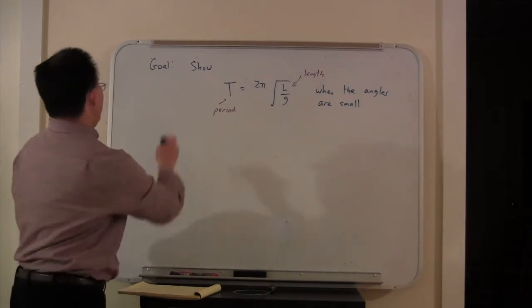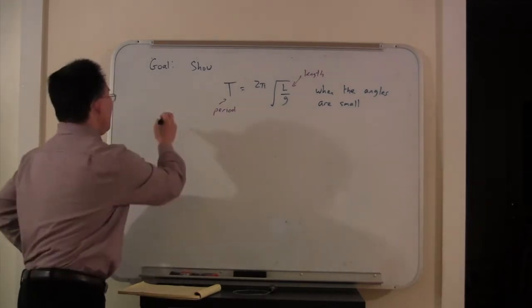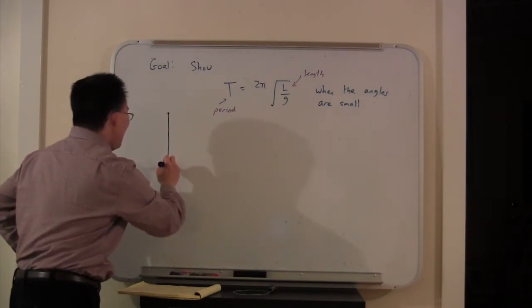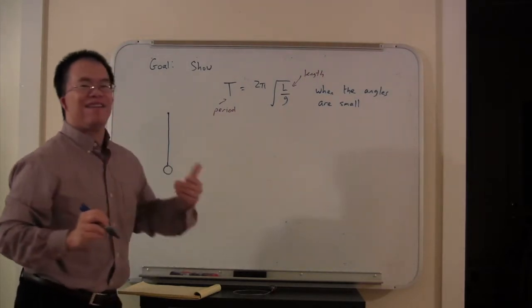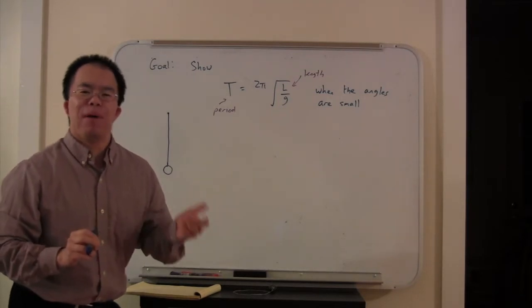So if I have a pendulum where I've got the string hanging from some support point, and then I actually have some swinging object, which we, for some reason, always call a bob.